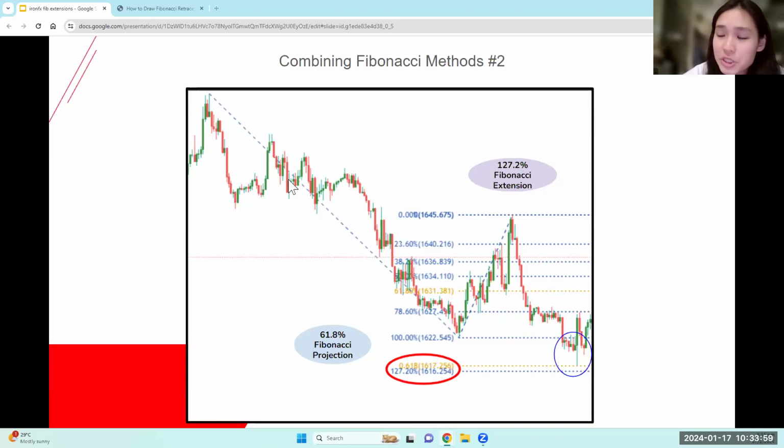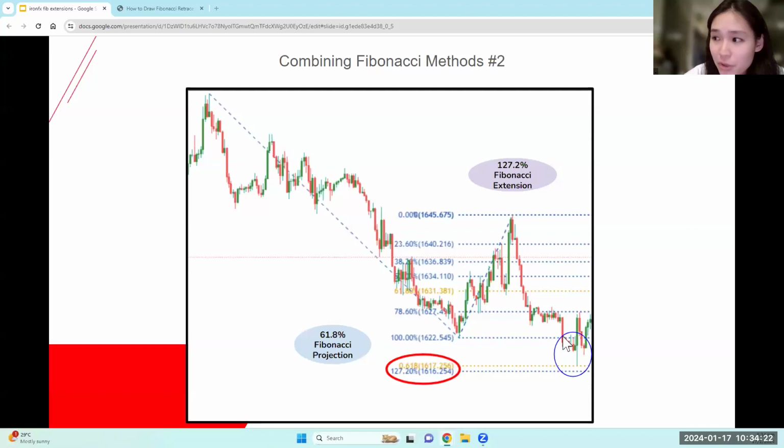And for our projection, we are looking at the starting point here, middle point here, and ending point at the swing high. For projections, we use 61.8, 78.6, and the 100%. So here we're looking at 61.8, which lines up nicely with our 127.2% extension level.